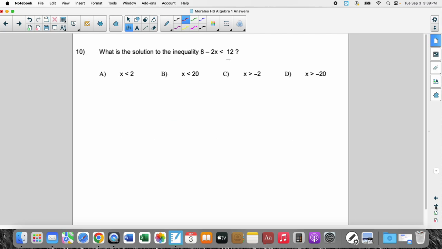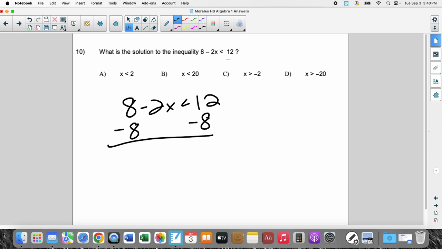Number 10, what is the solution to the inequality 8 minus 2x is less than 12? So we're going to simplify. We're going to isolate the variable. Just like if it was an equation, this is an inequality. So it's a two-step. We're going to move the constants. That leaves us with negative 2x is less than positive 4.